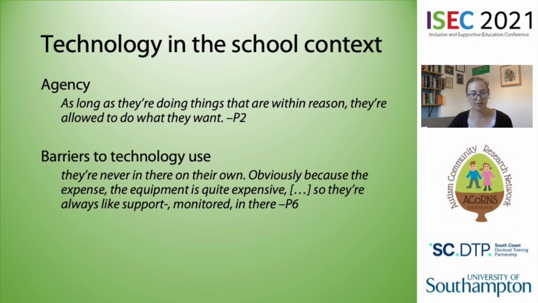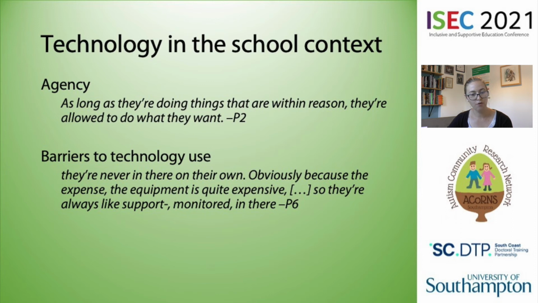There were two sub-themes relating to the context of technology use, which was discussed by participants from every school. These themes are agency and barriers to technology use. Agency here relates to the extent to which students are able to make decisions about the way they interact with technology. In all schools, technology use was described as being highly restricted, with few opportunities for open choices or unstructured interaction with technology.